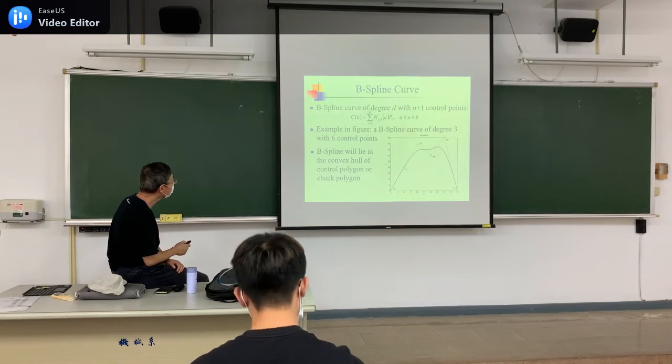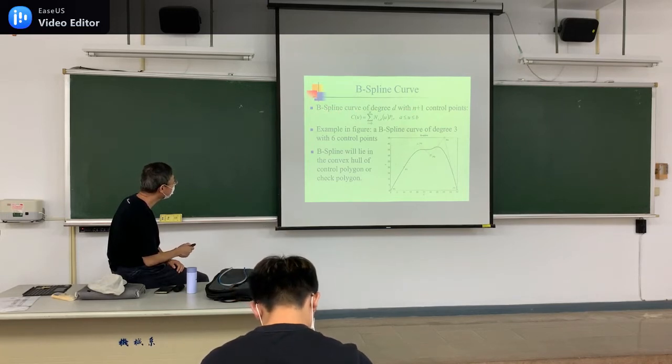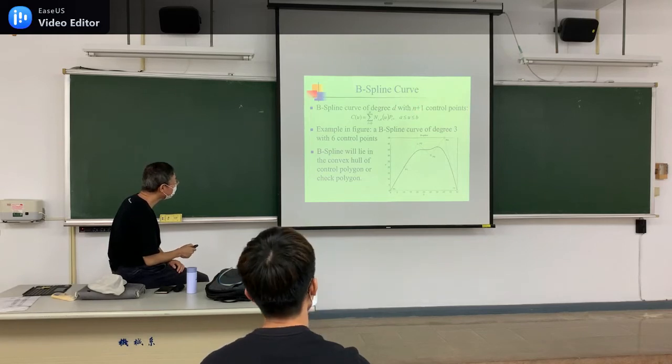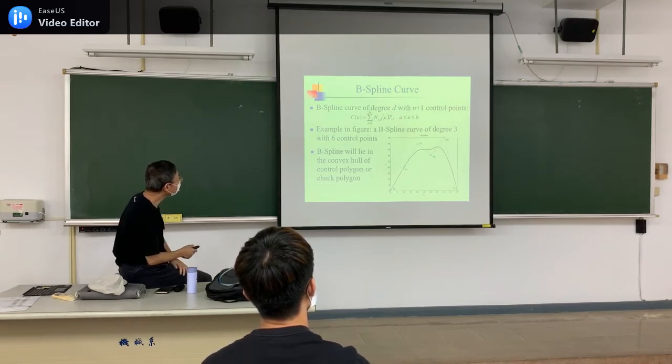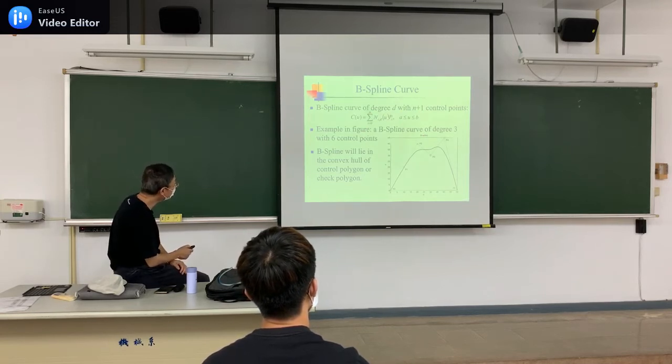The definition is like this. The so-called B-spline curve of degree D with n plus 1 control points. You have control points P_i, i from 0 to n. So n plus 1 control points. Each control point has a weighting function.